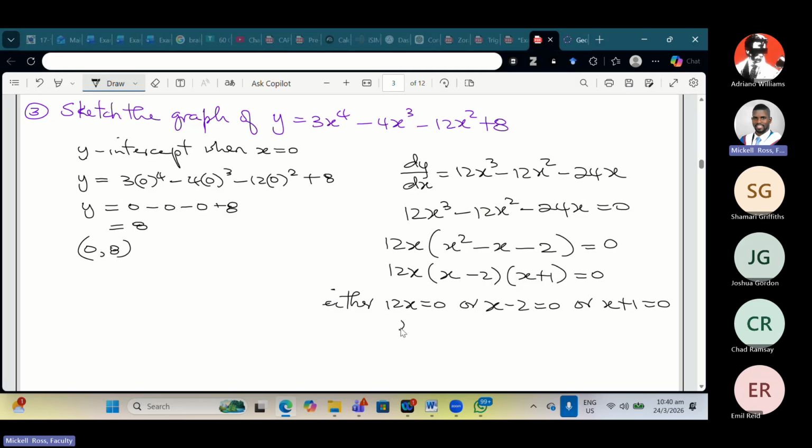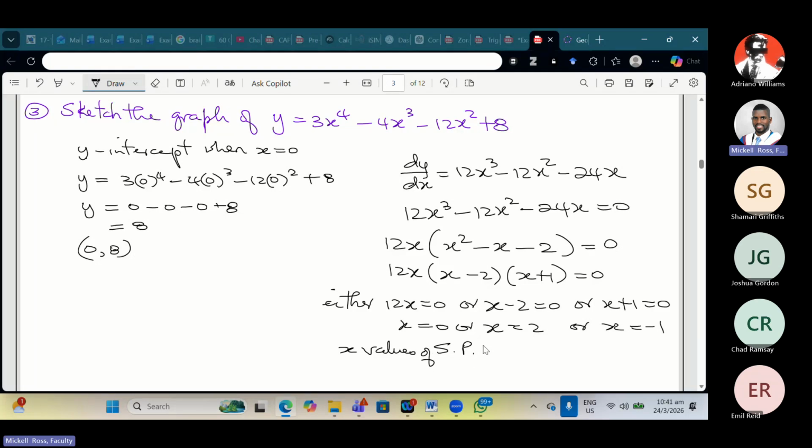So which means that x is equal to 0, x is equal to 2, or x is equal to negative 1. So those are the values we're going to get for our stationary points. All right, so these are the x values for the stationary points.